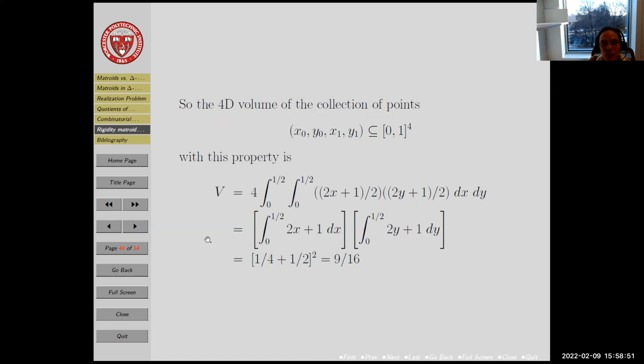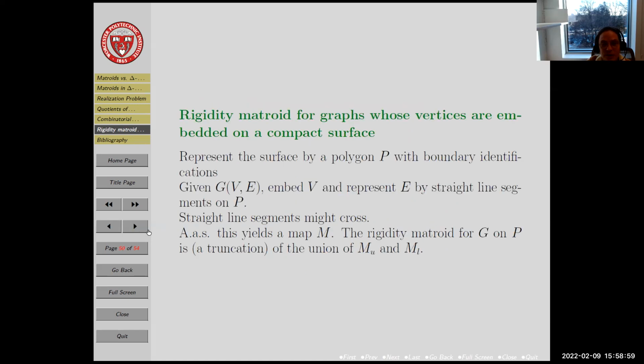Then what's the probability that I actually do get something connected on the torus, or a real map? And that probability is actually quite sufficient that you can say asymptotically, almost surely, this approach yields a map. So I don't want something that isn't connected in my map sense.